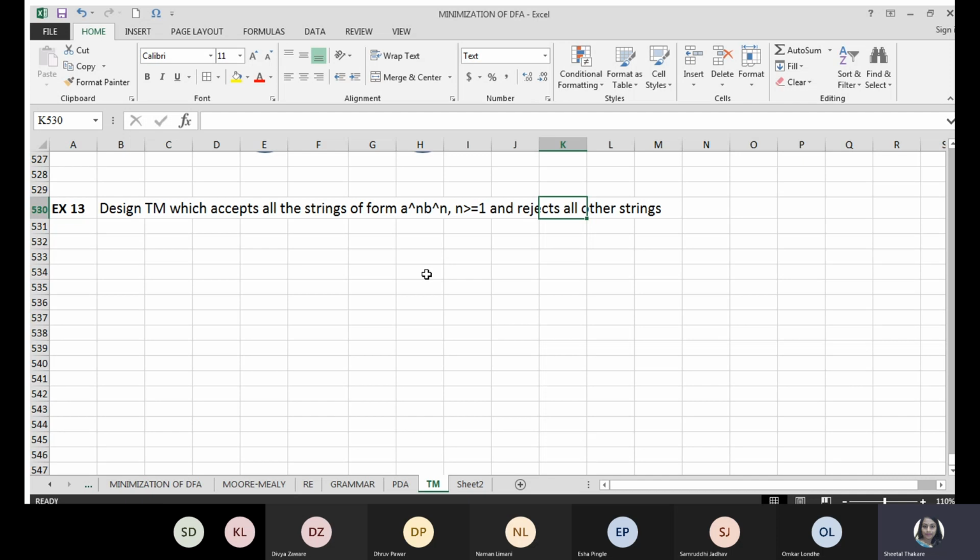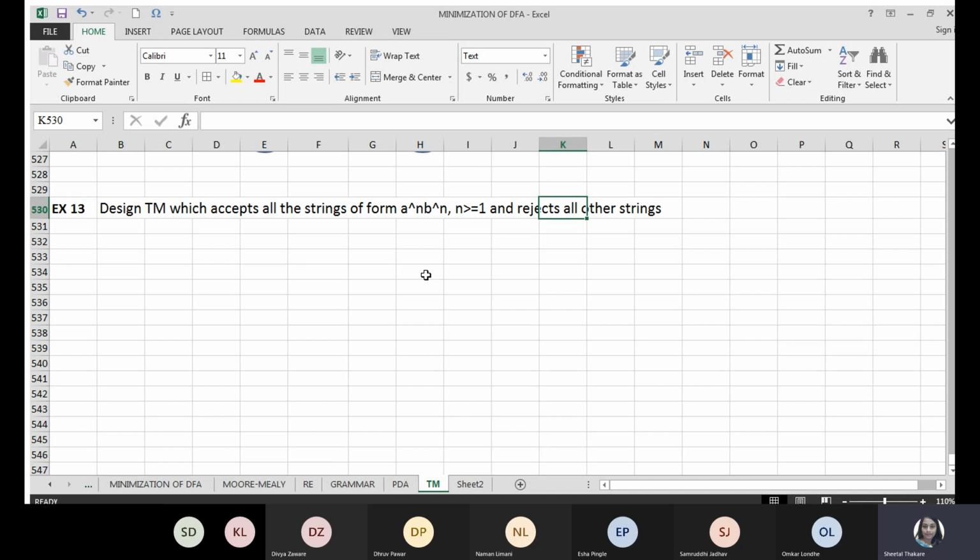Minimum value of n is 1. So the smallest string it should accept is AB. Then for this a raised to n, b raised to n, we have said that as DFA or FA does not have memory, it cannot remember how many A's are there on the tape.